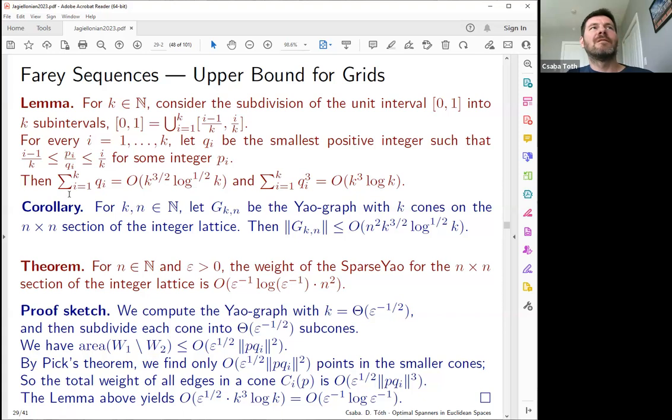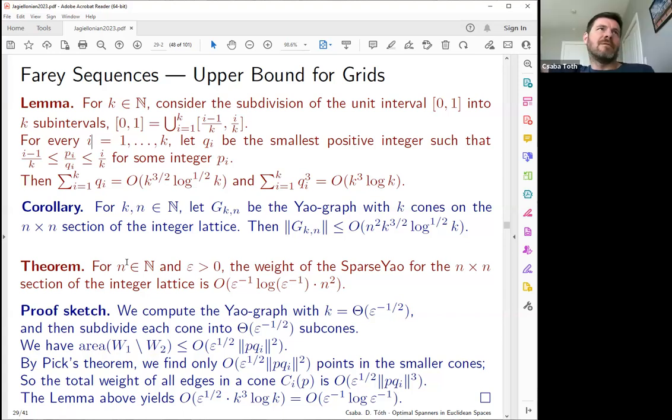So the proofs of each of these are not on the slide, but you want to estimate q_i in terms of k, right? Or do I get it right? So for example, yes. It's obvious that you can have a denominator 2k, I think, because this goes exactly in the middle of your cone, right?